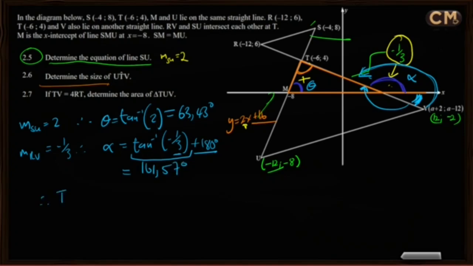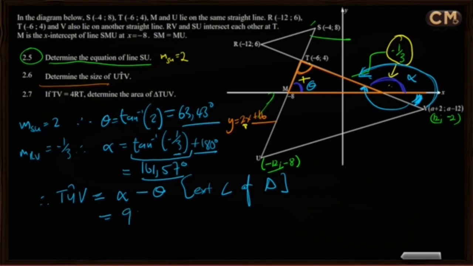Therefore, angle TUV is equal to, as we stated, alpha minus theta. Why? Because it's the external angle of a triangle. So 161.57 minus 63.43 will give us 98.14 degrees, which is that angle right over there.